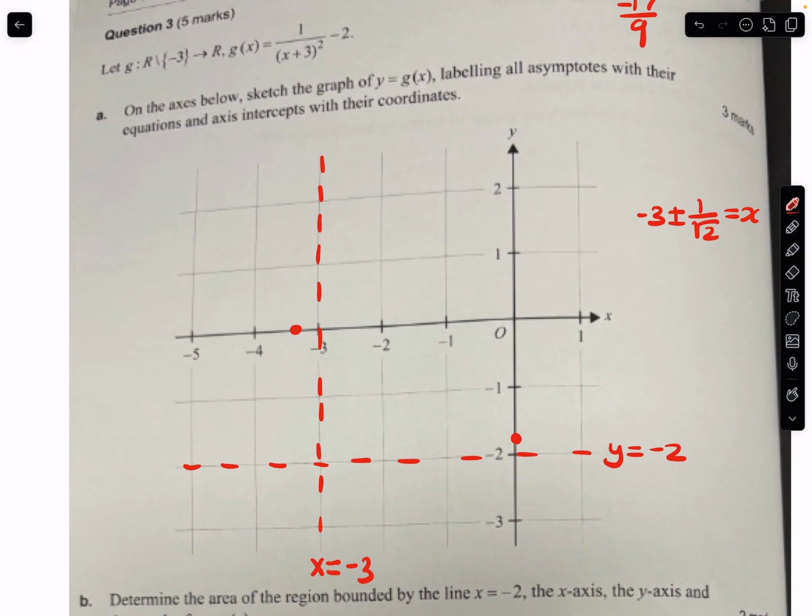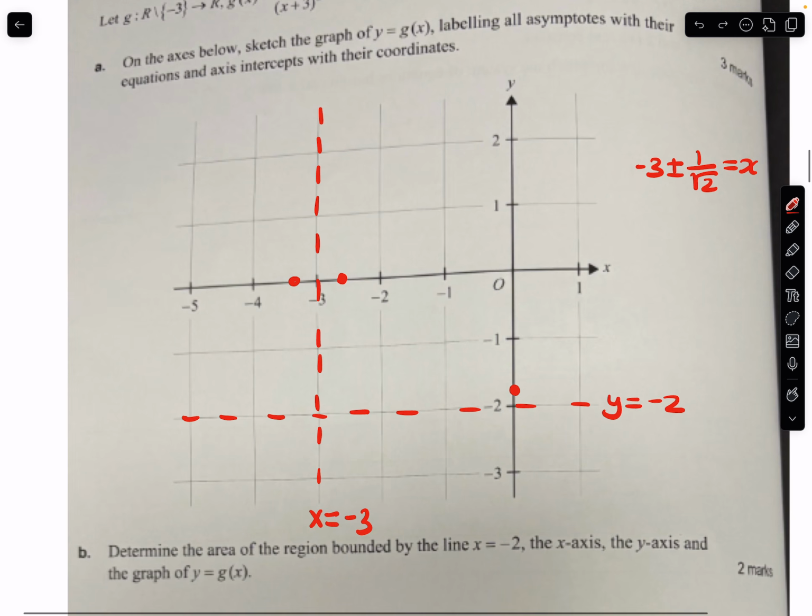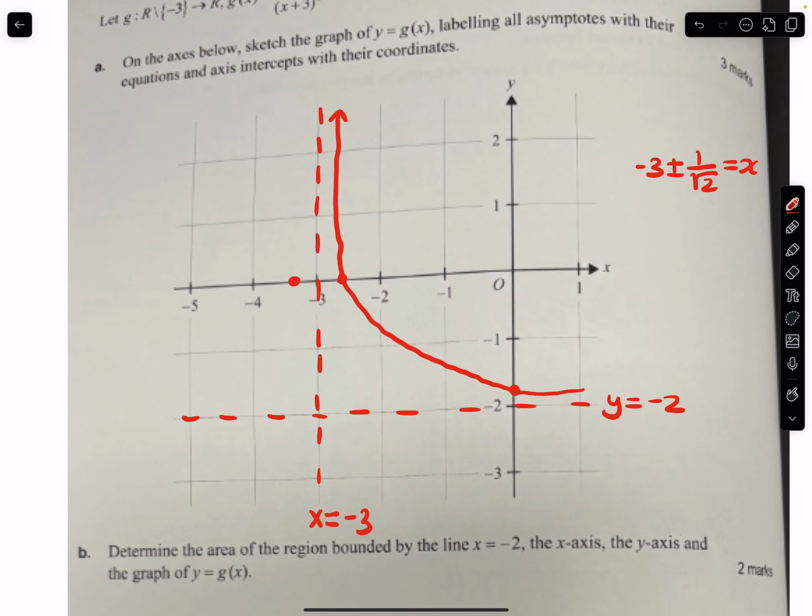And they're equidistant because you're saying, hey, -3 minus 1 over root 2 and -3 plus 1 over root 2. So just line them up nicely. There it is. This one also too. All right.